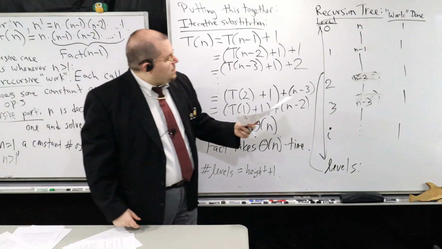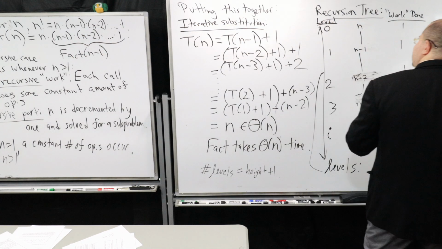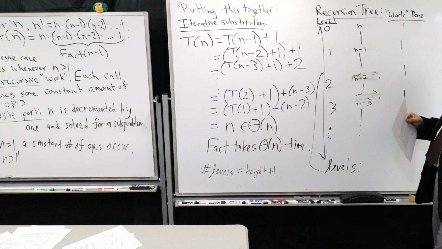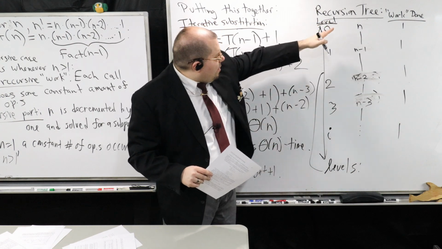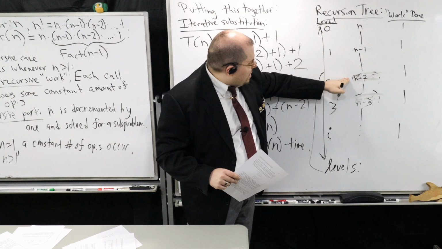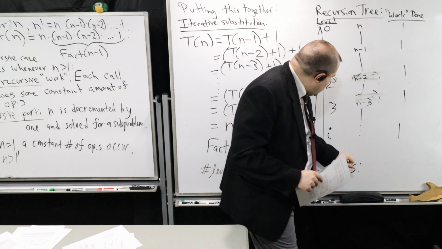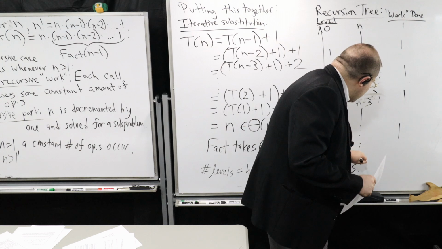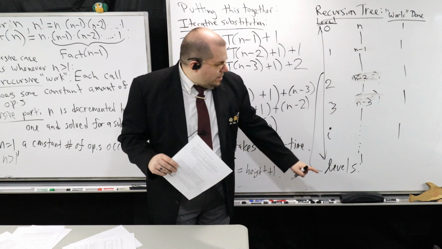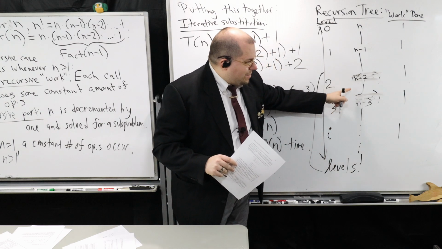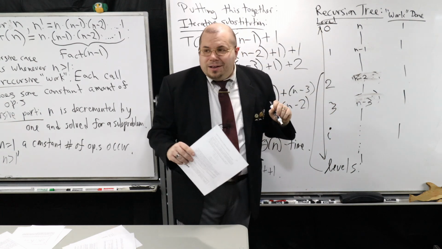So remember, I'm looking for when T of 1 happens. T of 1. So notice it goes n, n minus 1, n minus 2, n minus 3. Eventually it's going to go down to a point where the input is 1. So think about it as 1, 2, 3, 4, 5, 6, 7, 8, all the way up to n.